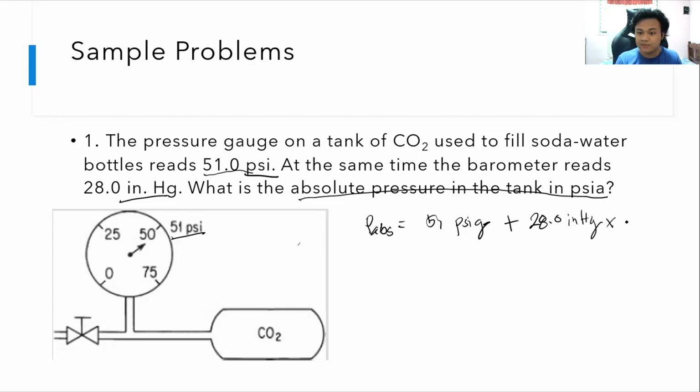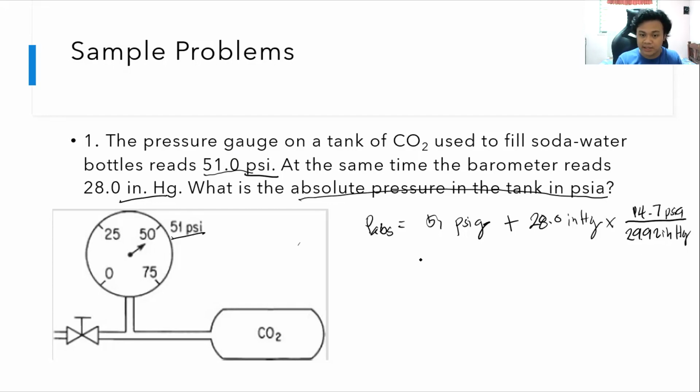Okay, so the conversion of that, as I have shown you in the previous slide, is 29.92 inch mercury, and then to convert that to PSIA, we have to multiply it by 14.7.